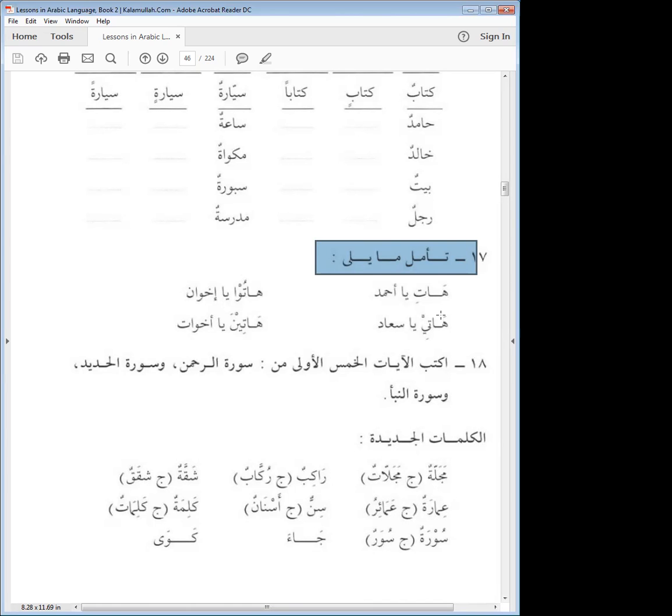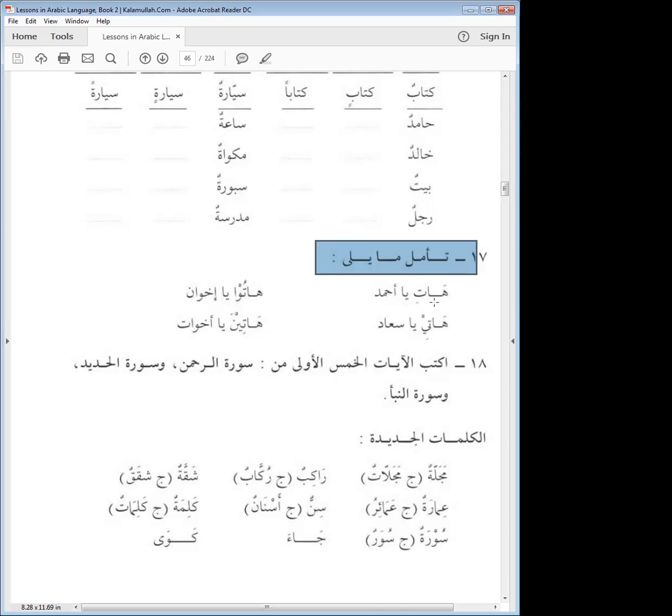It's a special verb where we use the command form more than the other forms of this particular verb, right? In the Quran, Allah subhanahu wa ta'ala says, Hatu burhanakum in kuntum sadiqin.